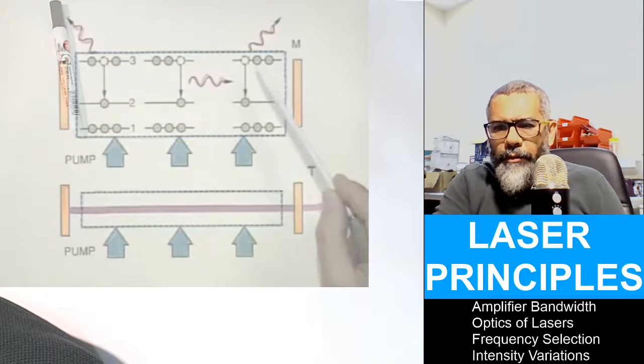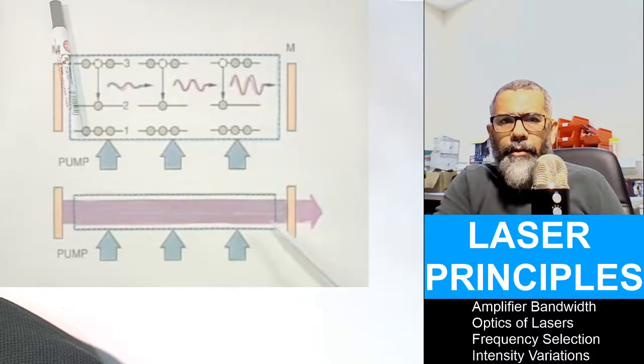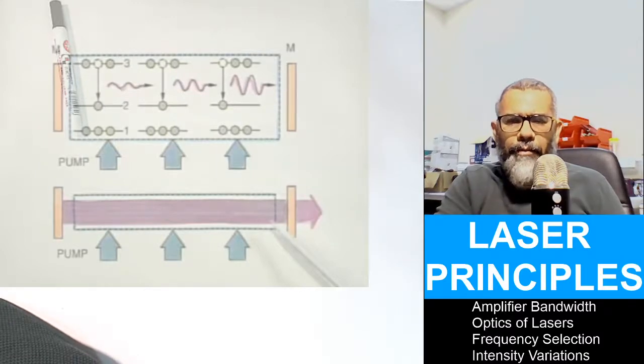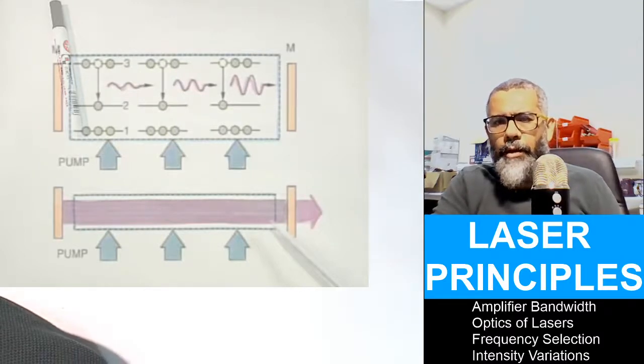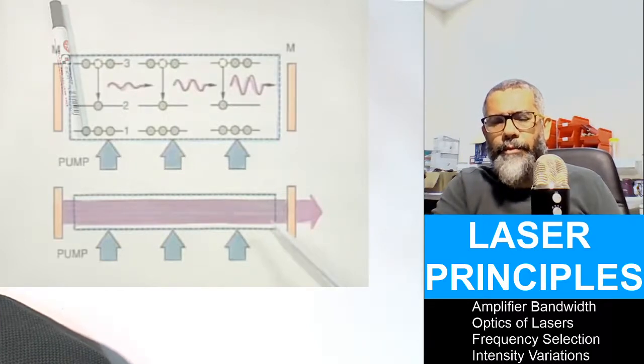Okay. So you see over here now, after some period of time, almost all of the transitions from 3 to 2 are now in the laser direction. Okay, in the lasing direction. Well, there will be some very few of them. You cannot say 100% all, even when the laser starts lasing. Some of the atoms will still emit some photons in other directions, but these are going to be very few.